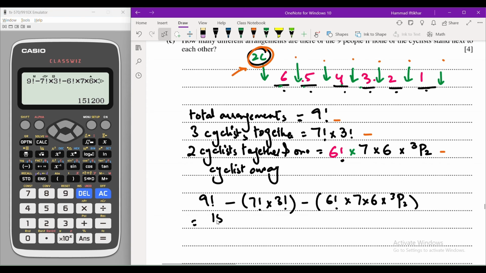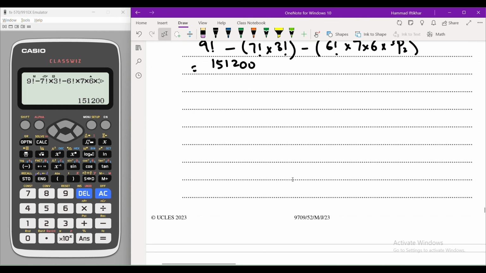So this is 151200. Now there's an alternate easier way to do this also. So let's see that. Alternative solution for this. Since we don't want the cyclists to stand together, we have 6 other places, 1, 2, 3, 4, 5, 6.